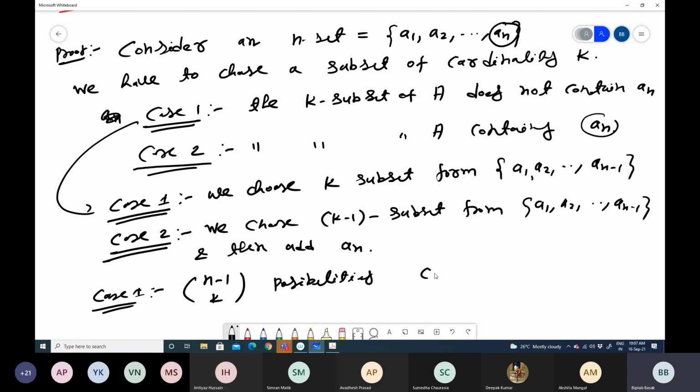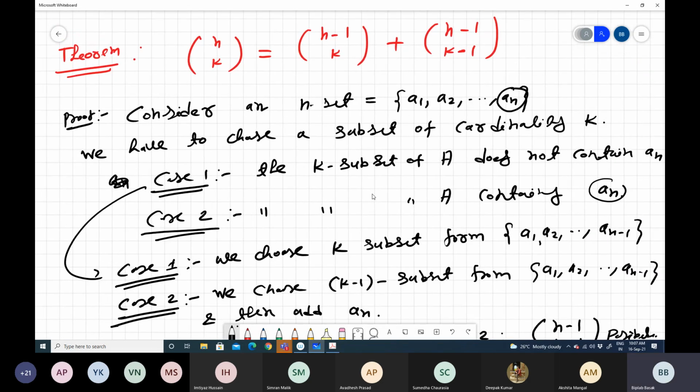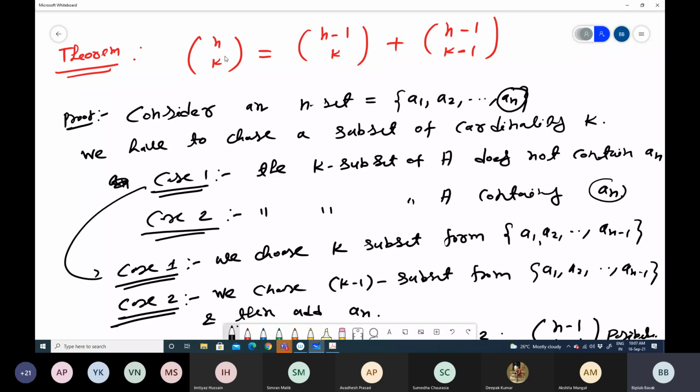And for case 2, we have n minus 1 choose k minus 1 possibilities. So therefore, if we choose a k set from an n set, then we have this plus this possibilities. So we are done. This is one way you can prove it.